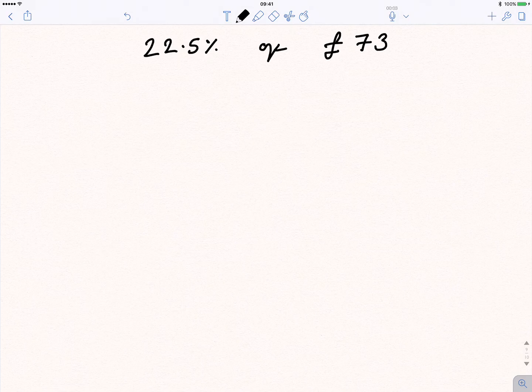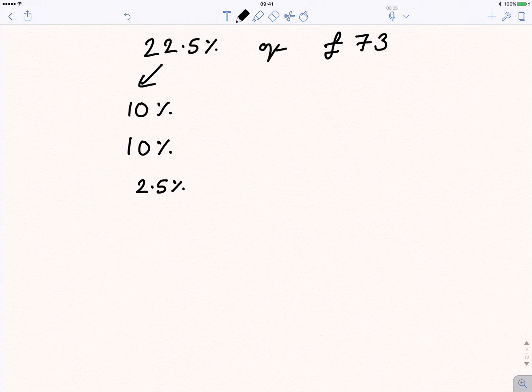How do we do this? The first thing that you need to realize is that, again, the 22.5% can be broken down into 10%, 10%, and 2.5%.